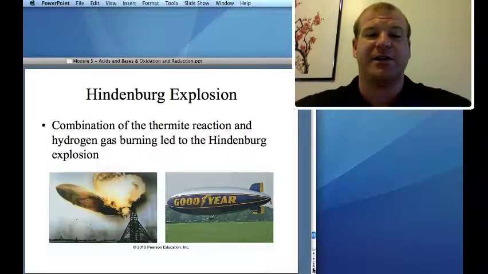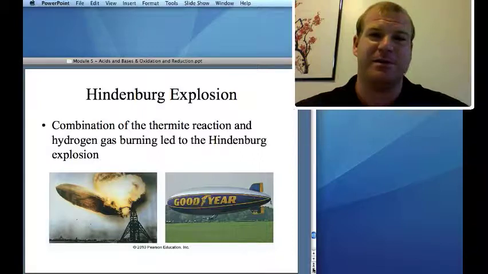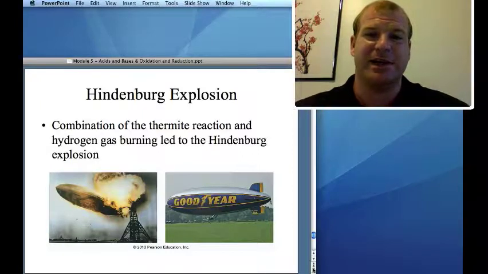Hindenburg, this uses the thermite reaction. So thermite reaction and hydrogen gas. Thermite reaction is aluminum plus rust. So if you take aluminum metal and rust, you can create a thermite reaction, which is very explosive, very big, and creates, as an end product, molten iron. So the thermite reaction started the Hindenburg on fire, and the Hindenburg also had hydrogen gas in it.